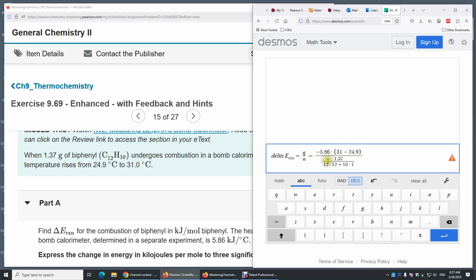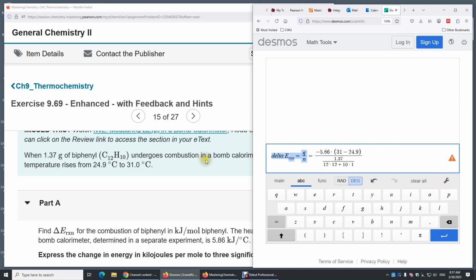By doing this calculation we will get the internal energy of reaction for the combustion of biphenyl in kilojoule per mole. A few things. First, on top this is negative because biphenyl loses energy. And number two, on the bottom we have the number of moles of biphenyl. Grams over molar mass.